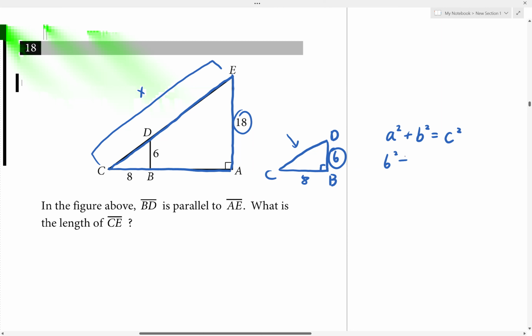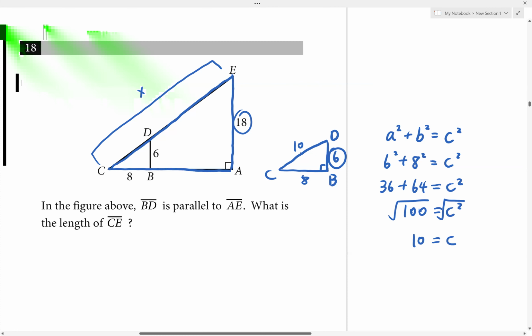So it'd be 6 squared plus 8 squared equal to c squared. 6 squared is 36, plus 8 squared is 64, equal to c squared. 36 plus 64 is 100, equal to c squared. To solve for c, we take the square root on both sides. So c equals the square root of 100, which is 10. So side CD is equal to 10.